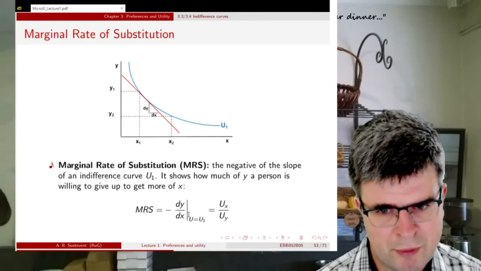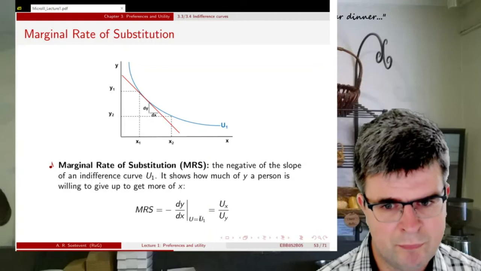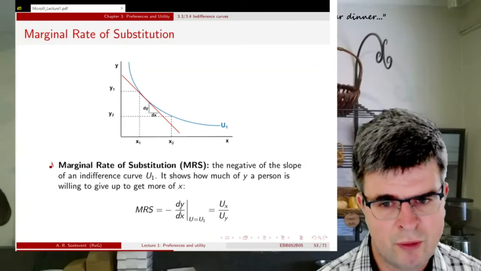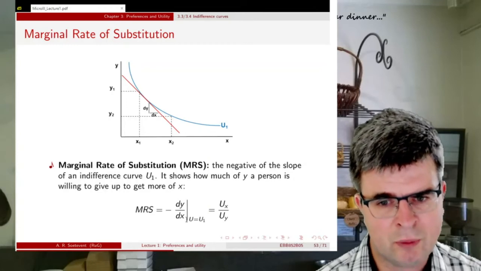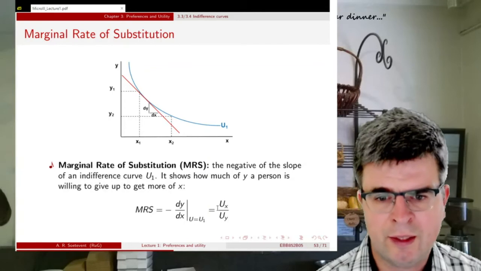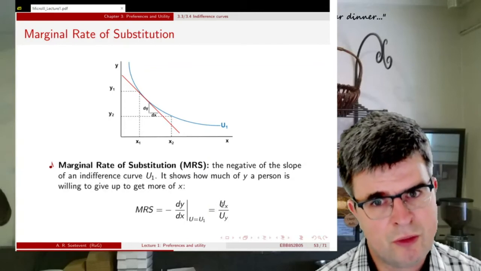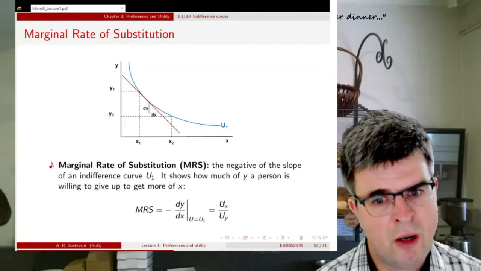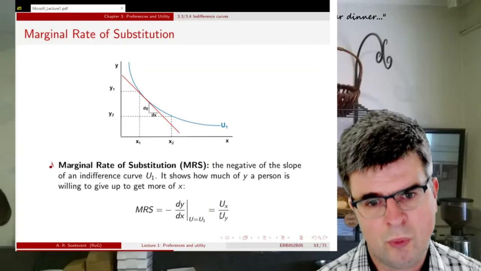This is why we have this vertical bar conditioning on the utility being equal to U1. So it's the derivative of y over x conditional on remaining on the same indifference curve. And that again is equal to the derivative of the utility function with respect to x over the derivative of the utility function with respect to y.